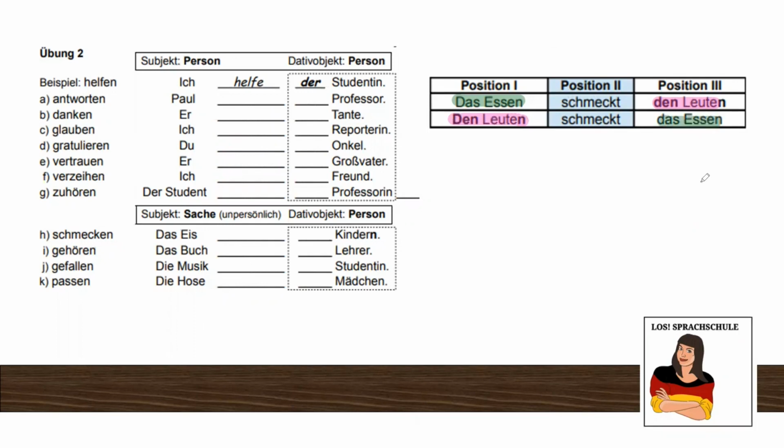This is also a super normal and natural way to say it. It doesn't sound strange or anything. It's really common to switch it. So I'm just giving you this information so you don't rely on the position to know if something is nominative, dative, accusative. It can change. You have to learn it by the articles.